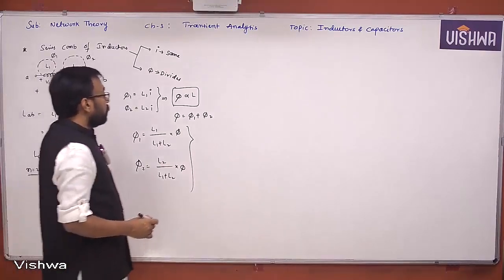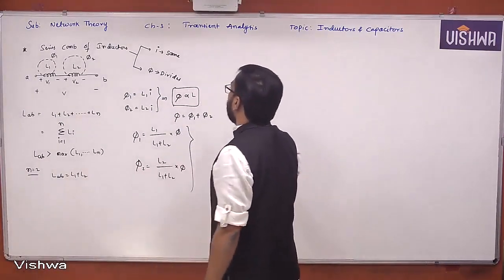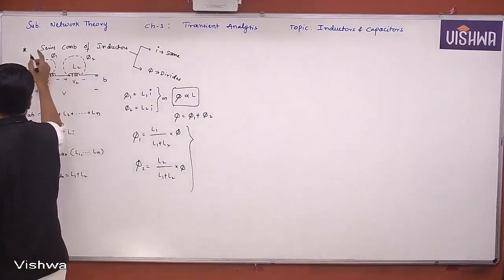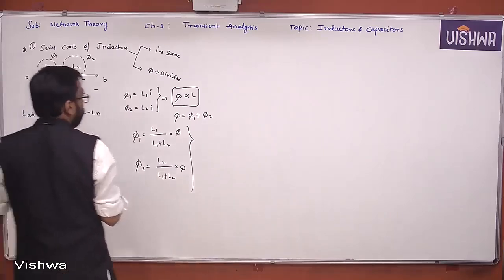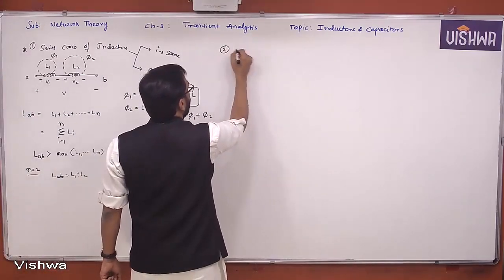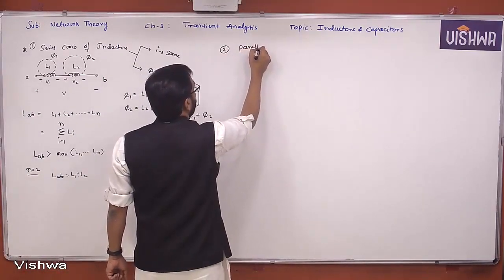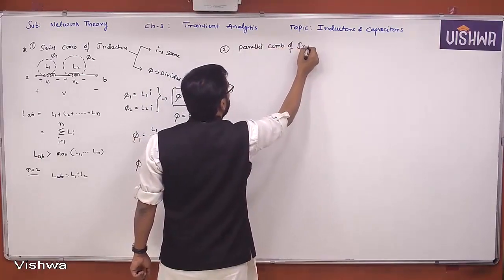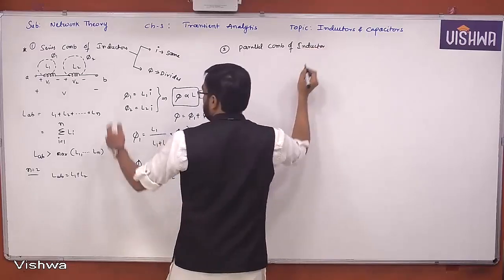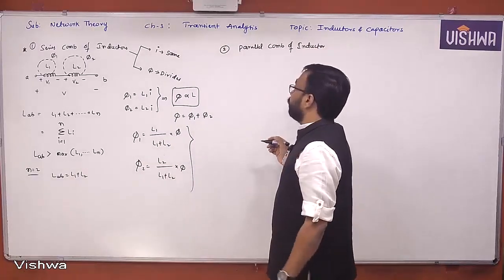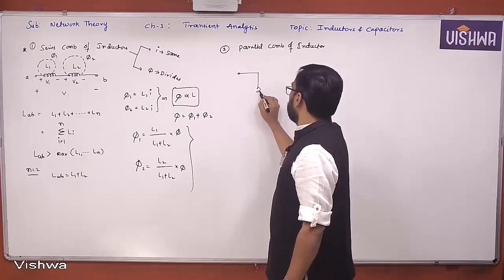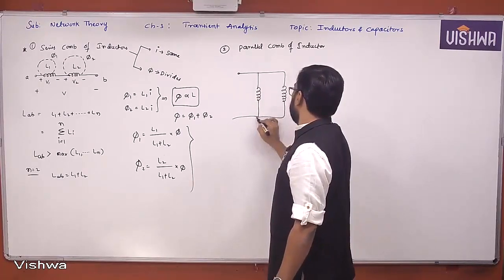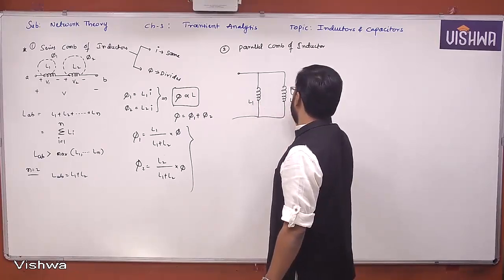Now coming to the parallel combination. Series and parallel combination, in that we are taking first one series combination, second one we will take parallel combination. Parallel combination of inductors. Please proceed. You can write this. It's all easy things, okay? You can follow. This is L1 and L2.